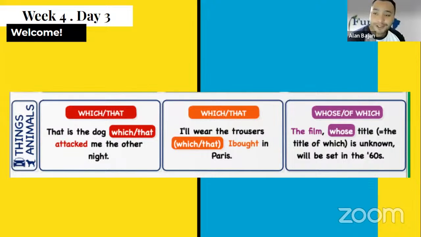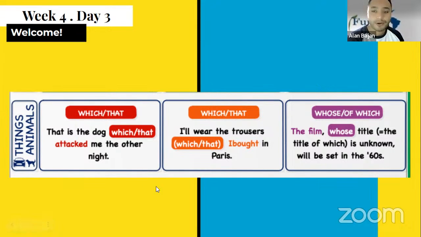But now I want you to focus your attention on two topics: relative clauses, defining and non-defining. We have two kinds: relative defining clauses and non-defining clauses. That's how we are going to classify the relative clauses.